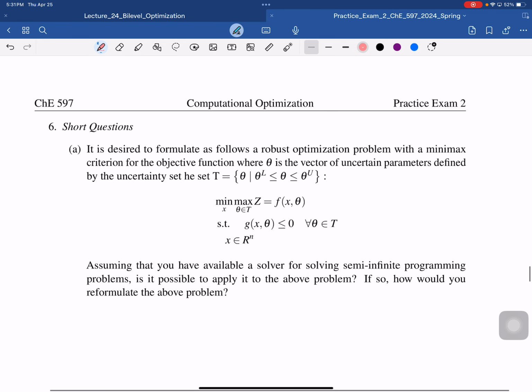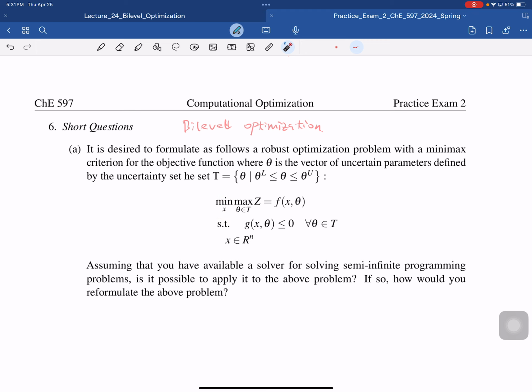So 6A should be pretty easy. You can just check the lecture on bilevel optimization. And then we talk about this type of problem in robust optimization. Essentially, you want to find a variable x such that in the worst case, you are still performing pretty well. So here the maximization problem is supposedly someone that acts against you. You are picking a point that is the worst case for the leader, which is x.